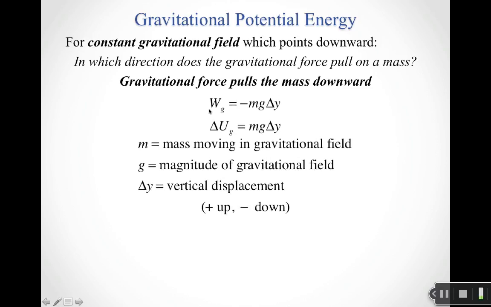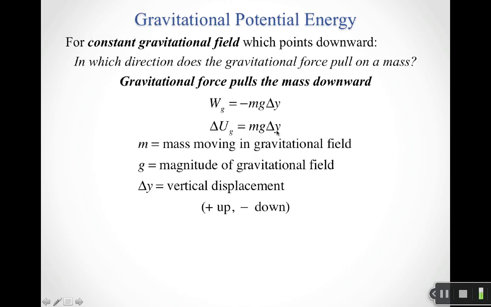Okay? So when we calculated the work done by the gravitational force, we said that's equal to negative mg delta y. And again, this delta y was the vertical displacement, and delta y was positive when our object went up and negative when our object went down. Well, since the change in the gravitational potential energy is just negative the work done, that's just going to cancel out that minus sign, and so I get the change in the potential energy is mg delta y.